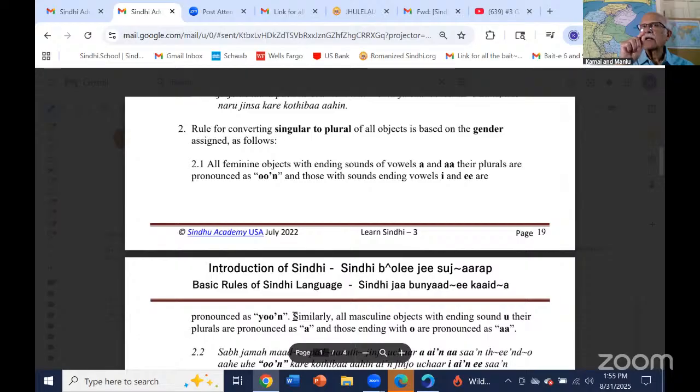And the next two vowels, A and E, objects ending with A and E, their plural becomes yun. Angur, what will the plural be? Angurriyun. I have four fingers. In the hand, four angurriyun.